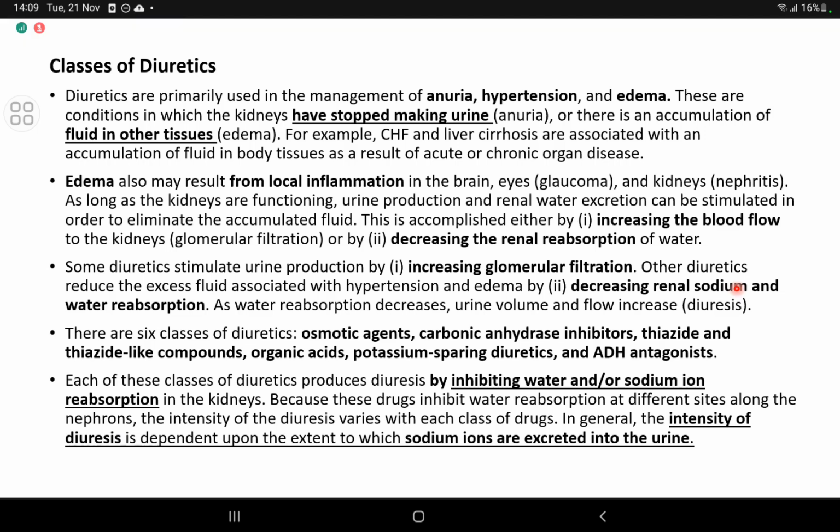Okay. So still remember, yesterday we went through 3 or 4 classes of diuretics. Actually, until now we have 6 classes of diuretic drugs. The first one we call osmotic agent. The second one is carbonic anhydrase inhibitor. Once you see the word inhibitor, it means a compound that is going to inhibit something.